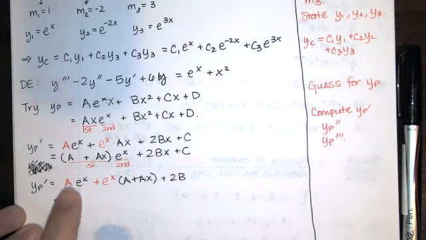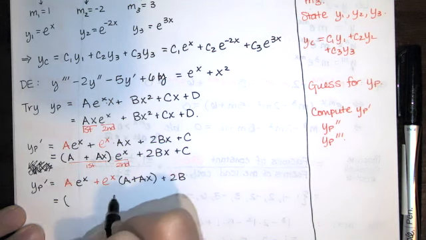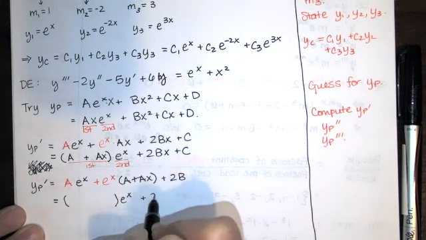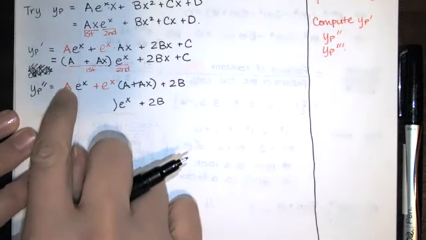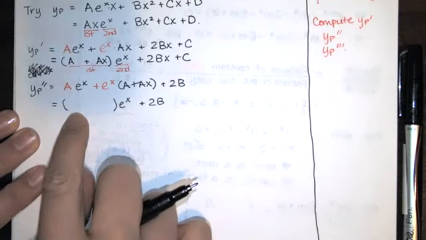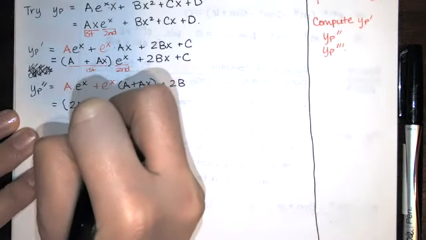So now you've got a times an exponential plus an exponential times this. Let's factor out that exponential from everything. This is y sub p double prime. And I'm left with an a here plus another a, so that's 2a plus an ax.